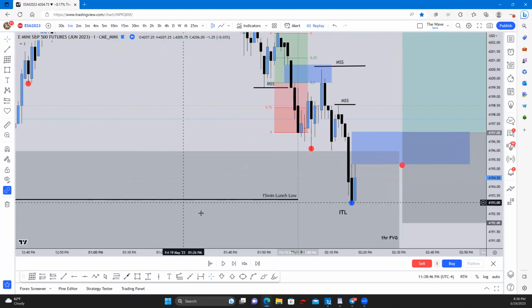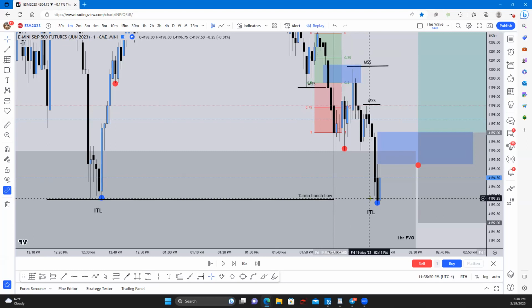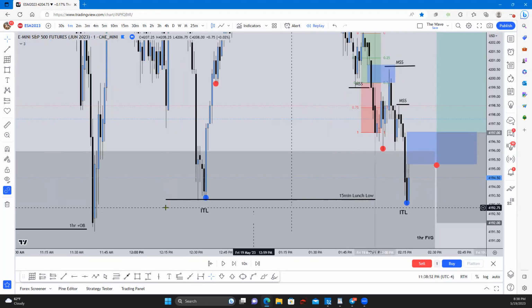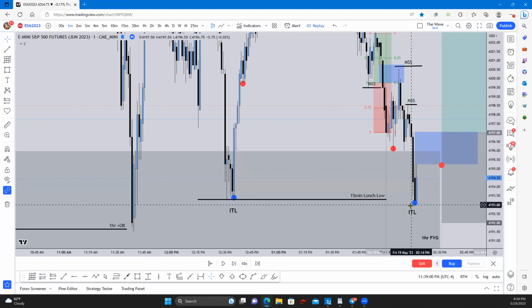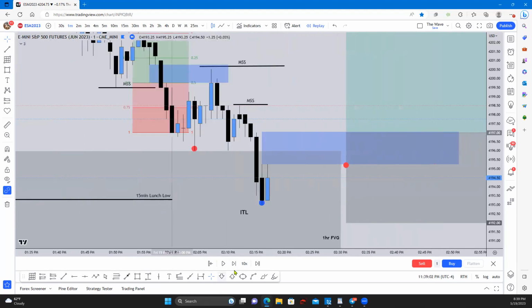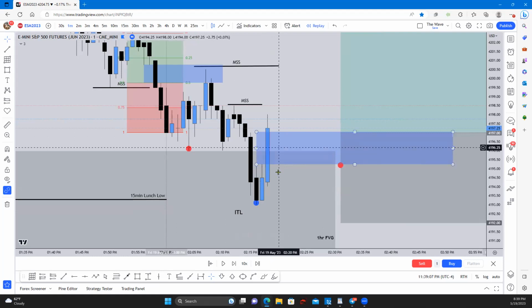So we've tapped into 15-minute lunch lows, taking out sell side liquidity, and we hit that 1 hour order block here, created this low, and then swept it. So price begins to rally higher.